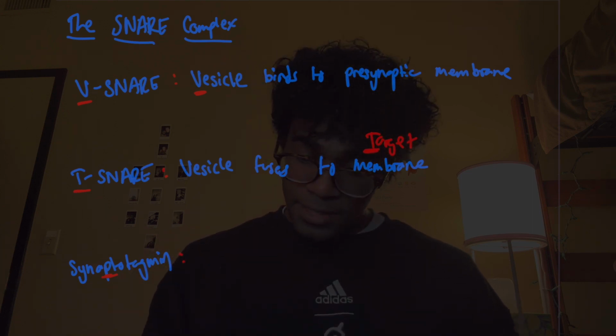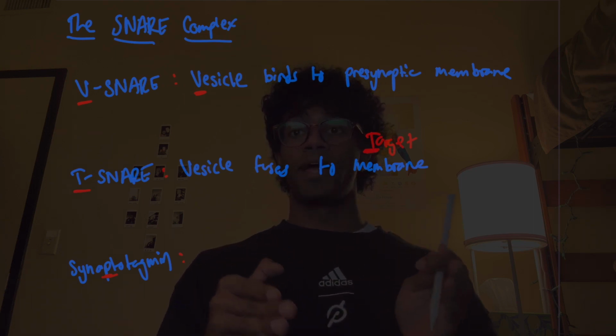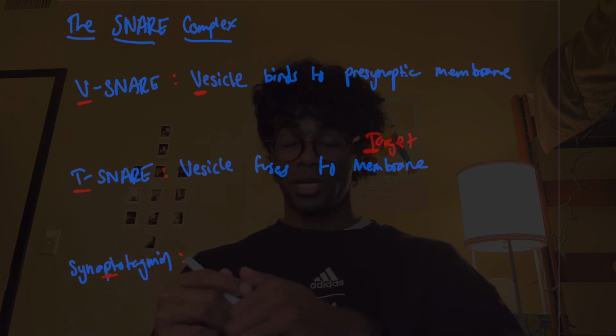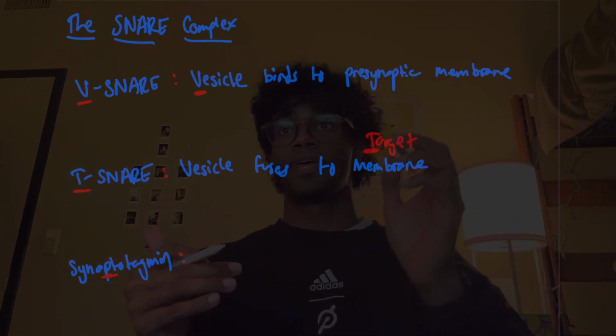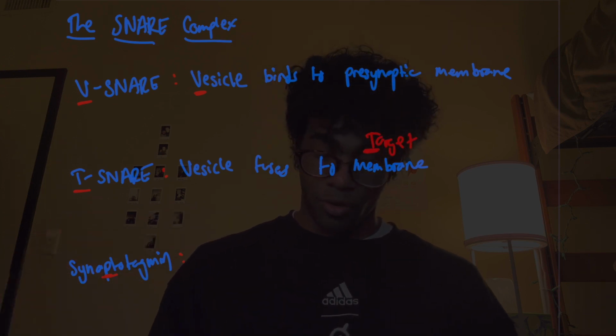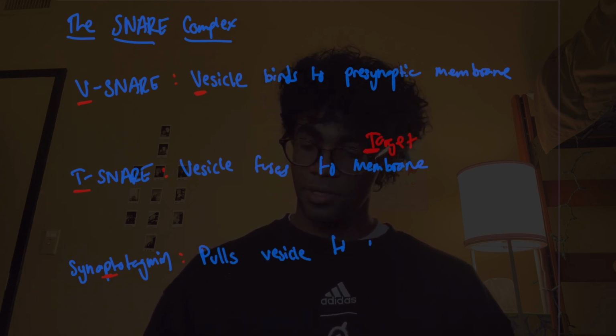Synaptotagmin. This is where our protein, which is attached to the vesicle, binds with calcium and makes it bind to the actual SNARE. So this is what pulls our vesicle into the membrane, into the active zone. So pulls vesicle to active zone.